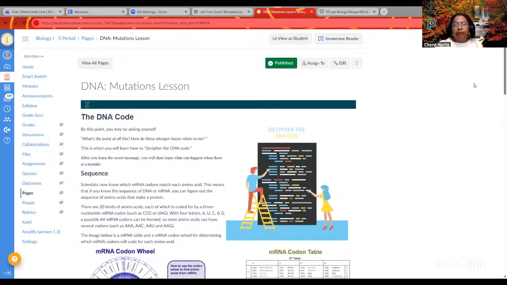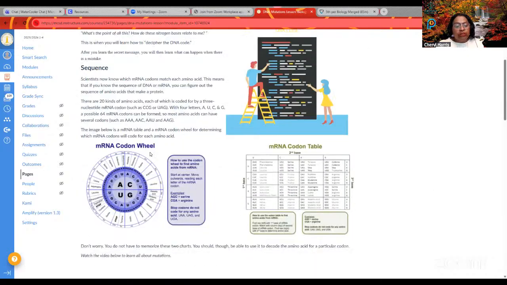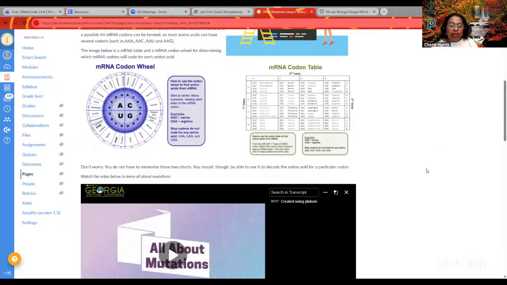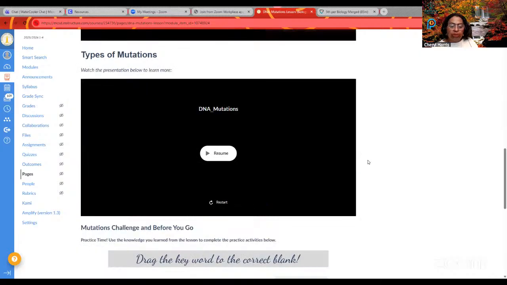Okay, so there was a worksheet with this. So we're talking about how to use the coding wheel or the table. Either one. I'm using the table with this activity, and we're talking about mutations.